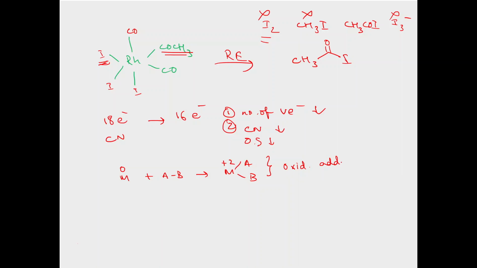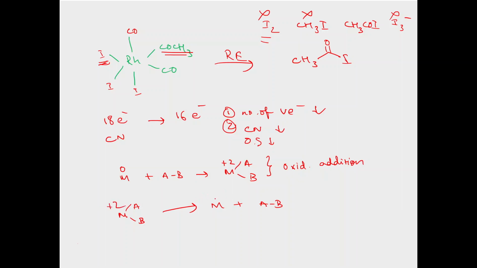And just the reverse of this is reductive elimination. That is, we are having MAB, and from here AB will come out, and this will be the metal complex, whatever the other things are remaining.